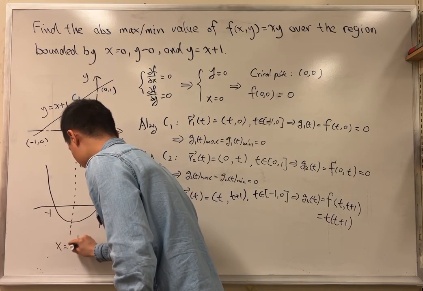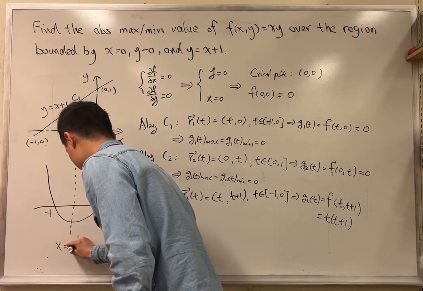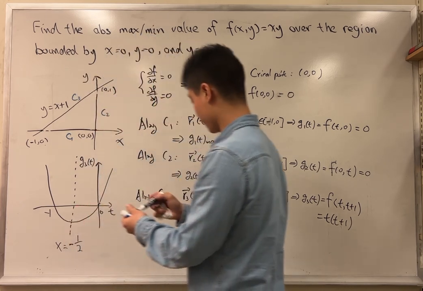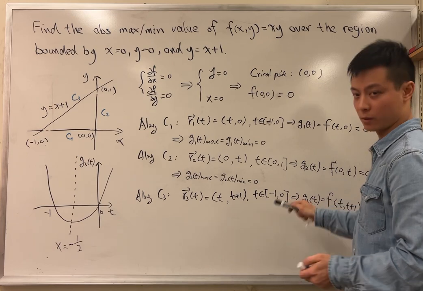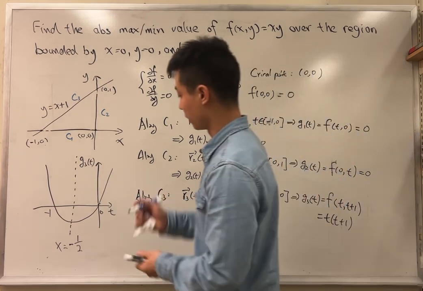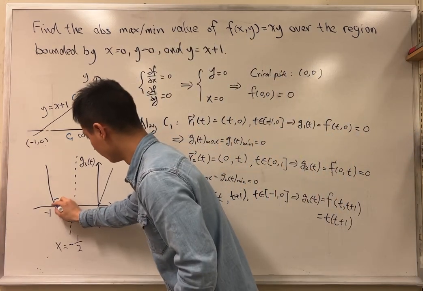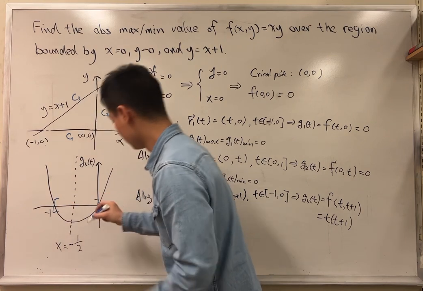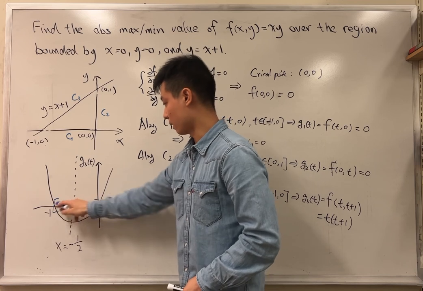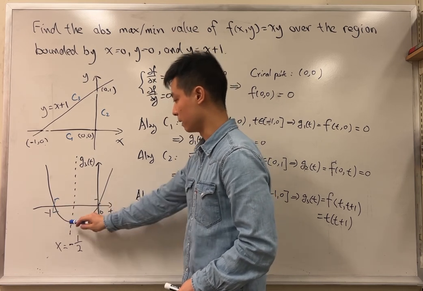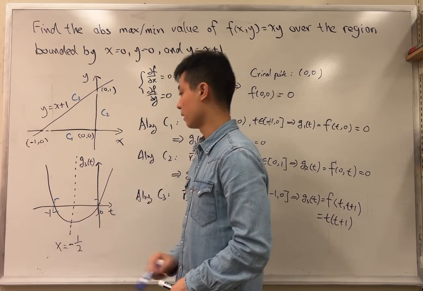This parabola is symmetric about the vertical line x equal to -1/2. Because we are working on the interval from -1 to 0, the max value is going to be obtained at either of the endpoints, and the mean value is going to be obtained at the vertex.